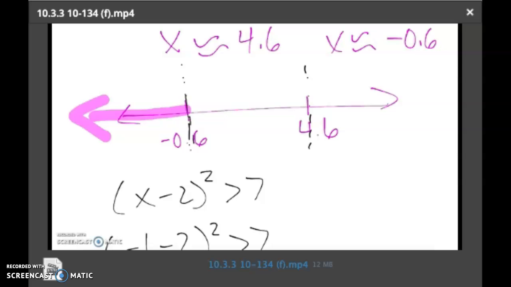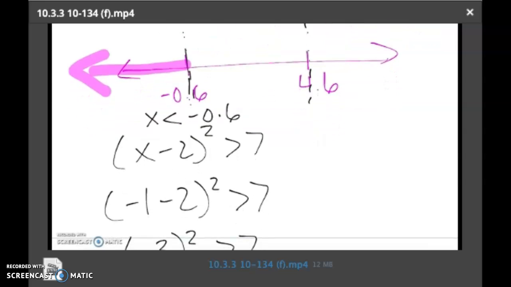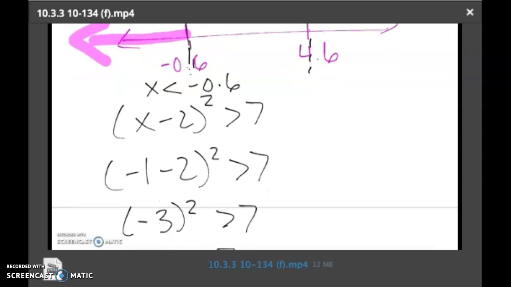And what that looks like when I write it is that x is less than negative 0.6. Right? And then I'm going to test the middle part, between negative 0.6 and 4.6, so I'll pick a number in between those. I'm going to pick 0 and put that into my inequality.